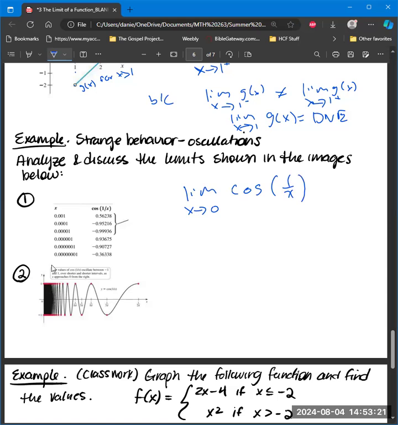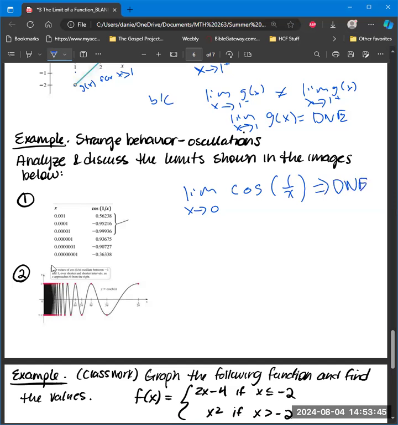This, as we see, it's going down and up and down and up, and it's oscillating, and it's oscillating very quickly, but it's not approaching any single pattern there.